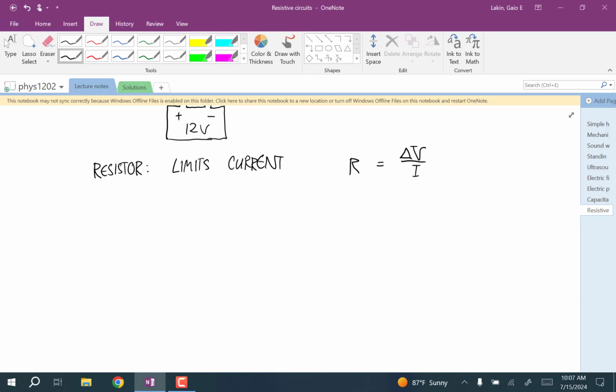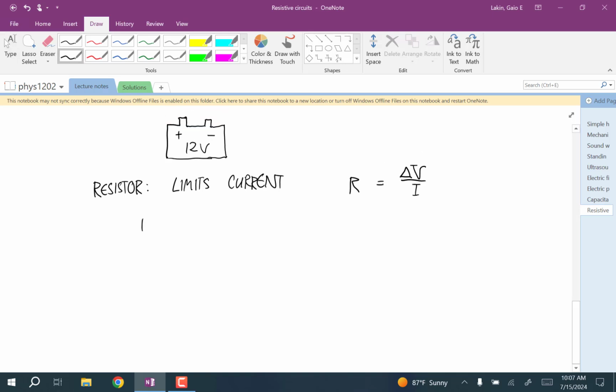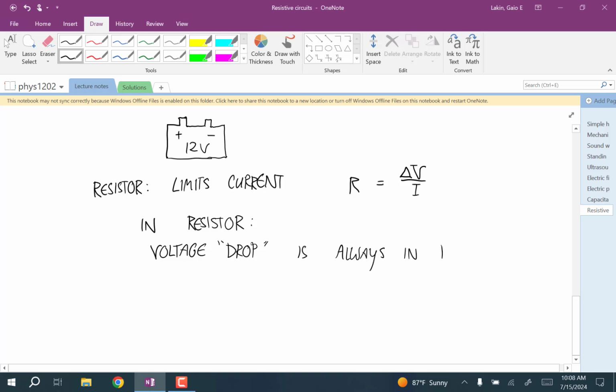One thing that is going to be important for us in determining directions is that in a resistor, the voltage drop is always in the direction of the current flow.